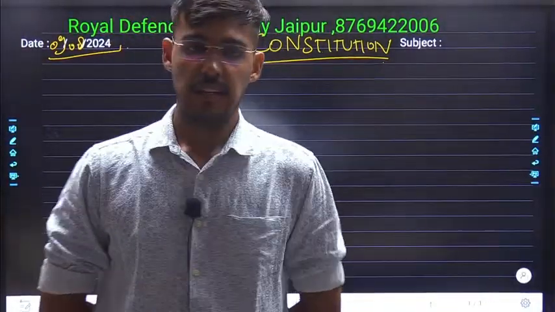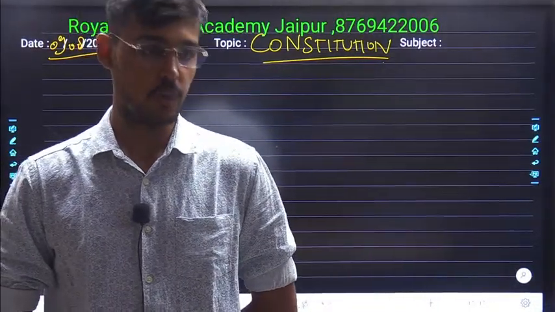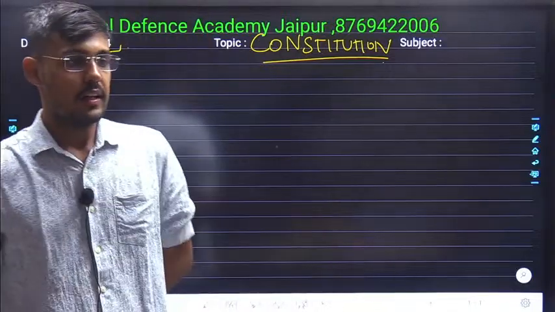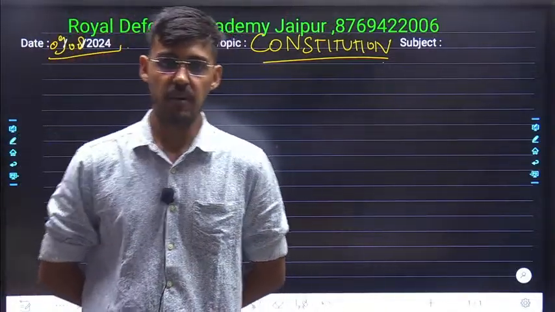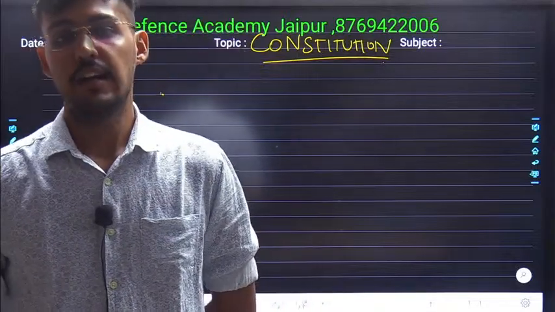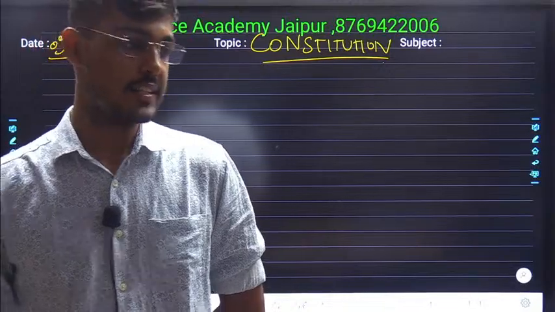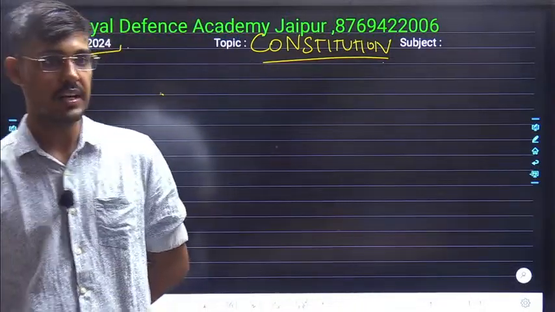Constitution in basic terms is a set of documents which defines what type of government a country will have, what type of rights the people of the country will get, and the responsibilities of the citizens of the country.